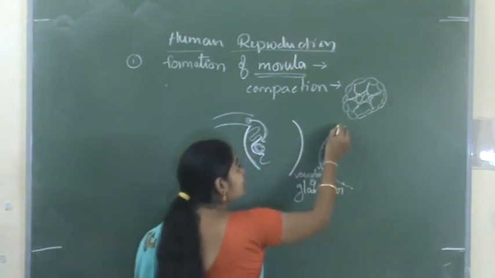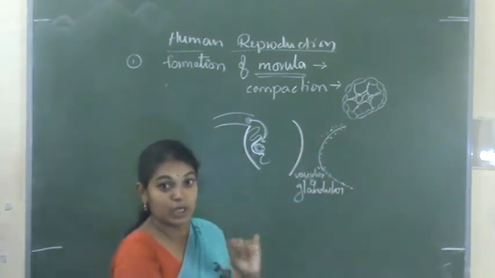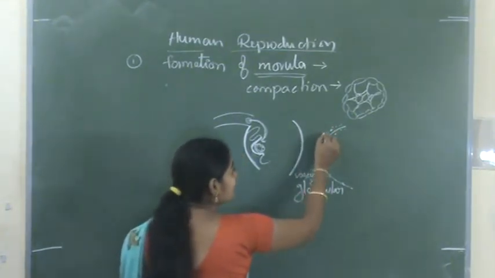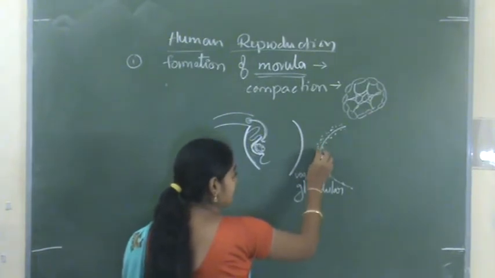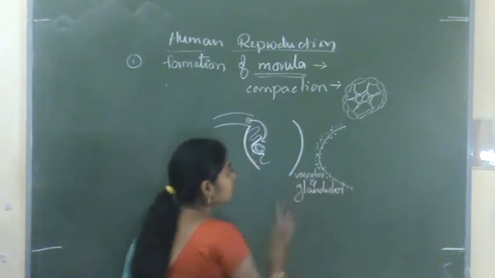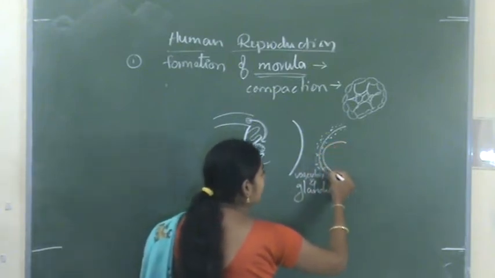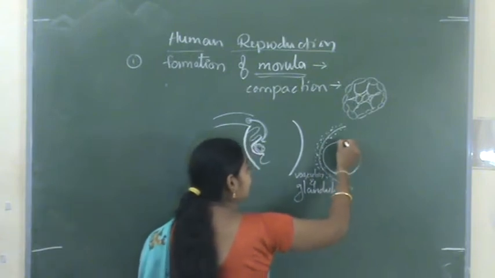And on the outer side of this endometrial lining, because it is just a membrane, a fluid is present. Now here is the morula present in the endometrial lining.